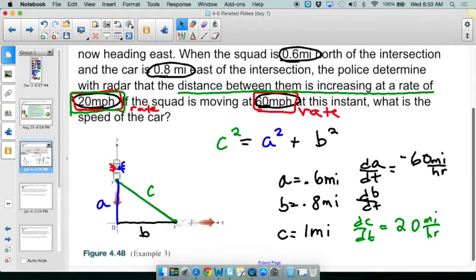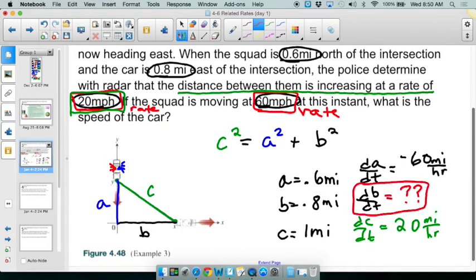So if it's how this distance is changing, then it's related to what object in the picture? The car. Is dB dt a rate? Yeah. So it's the derivative, the speed. It's the rate of the car. Exactly, it's the speed of the car. In other words, it's really what we're being asked to find. Does that make sense? Because we're being asked to find the speed of the car. So here is our unknown.